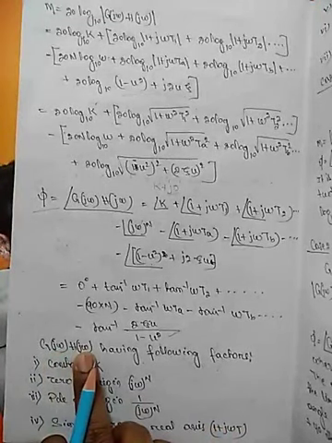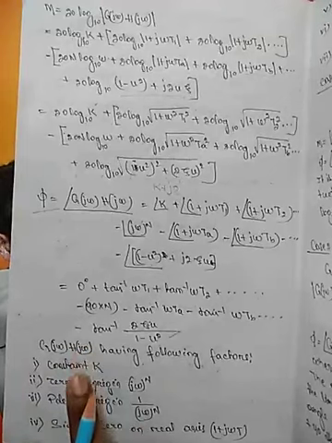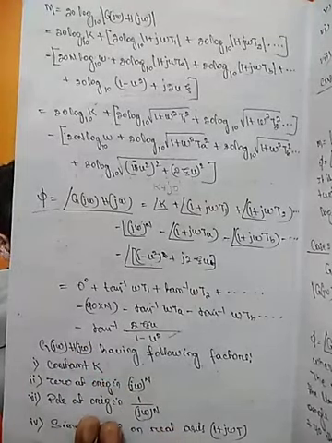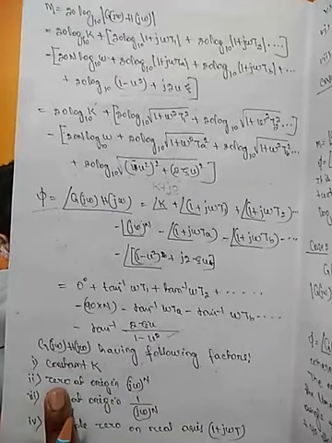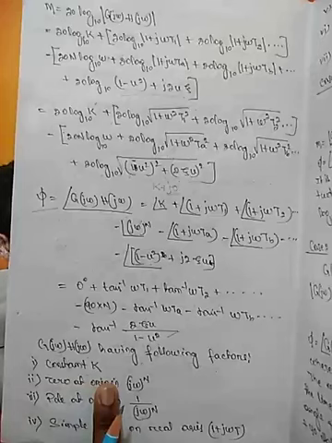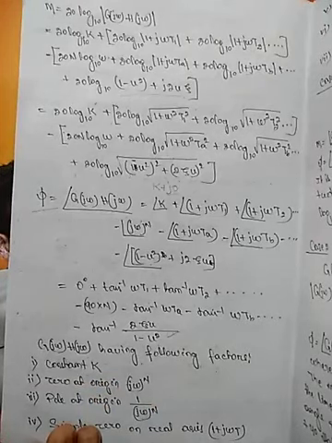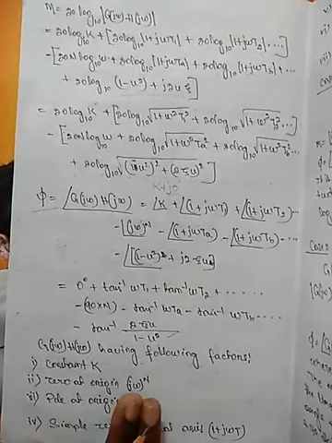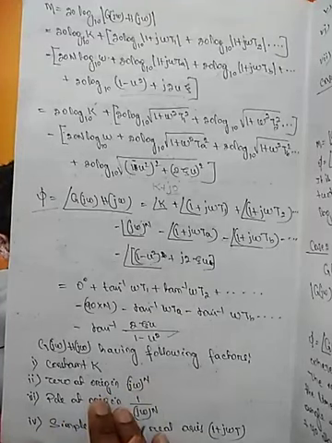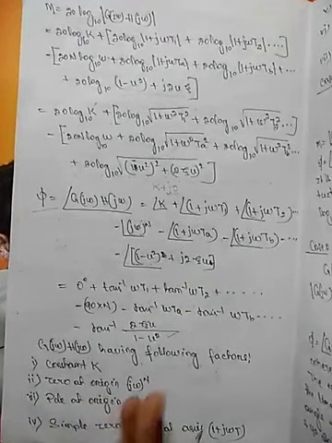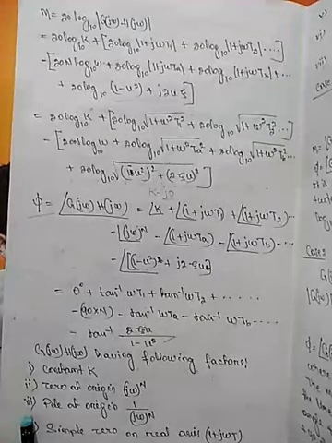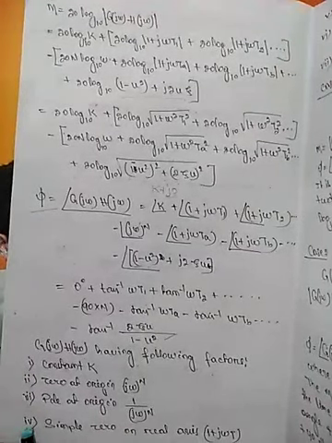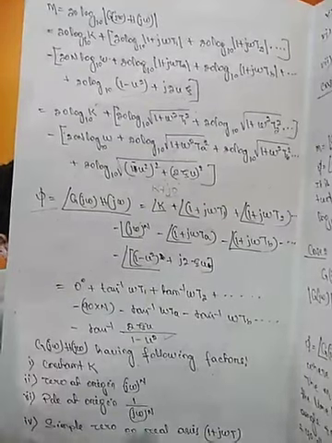So in this study we see that the open loop transfer function we have taken has the following common factors. The first one, constant gain k. Second, zero at origin. The transfer function we take doesn't have a zero at origin, but in generalized form it may consist of zero at origin. Third, pole at origin. Fourth, simple zero on real axis.